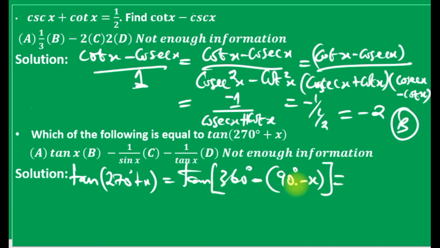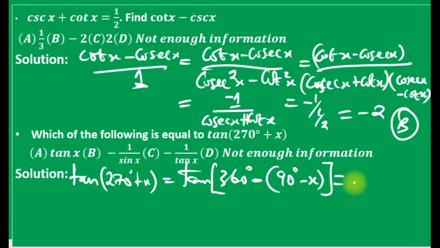Yes, because if you open this up, we'll get this. 360 minus 90 is 270, minus this is plus. And you know this is the fourth quadrant, where tan is always negative.